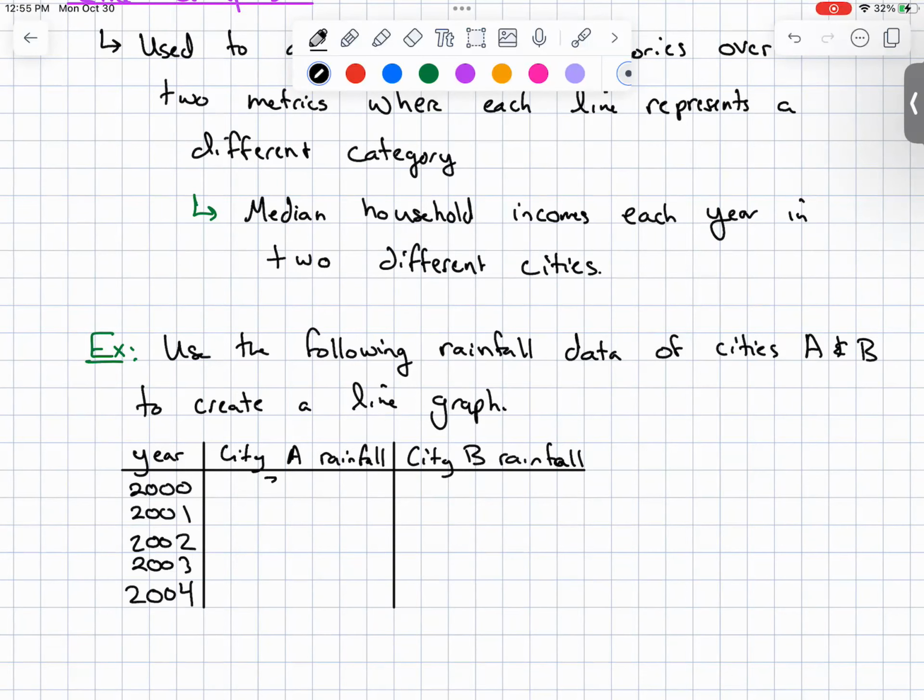City A got 39, and then 42, and then 30, then 37, and then 39. City B got 20, then 23, then 50, and 27, and 27.